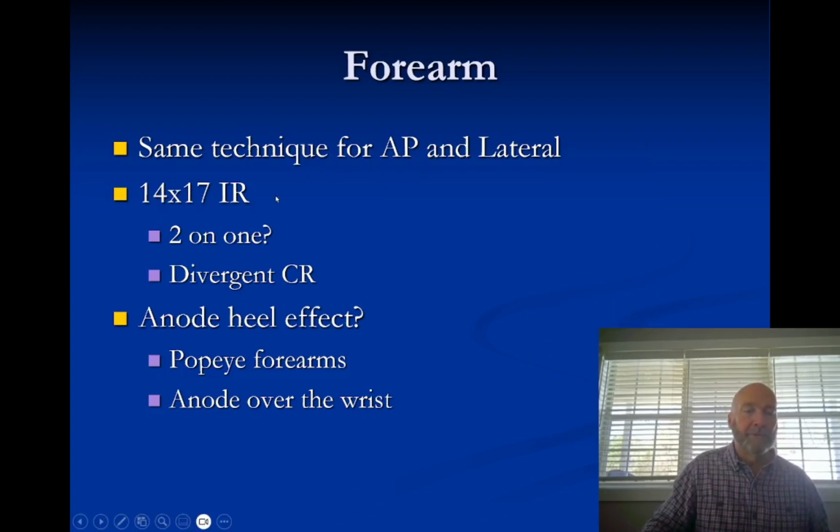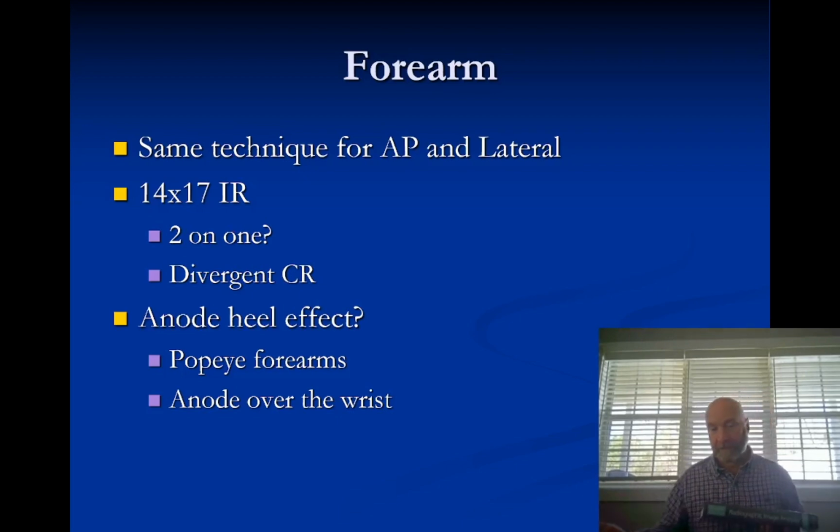If you're using a 14x17 image receptor in a CR setting, you can still do a 2-on-1 situation. This is CR, and if you're using DR, this doesn't really apply. But if you're using CR, you can still put two images on one image receptor.